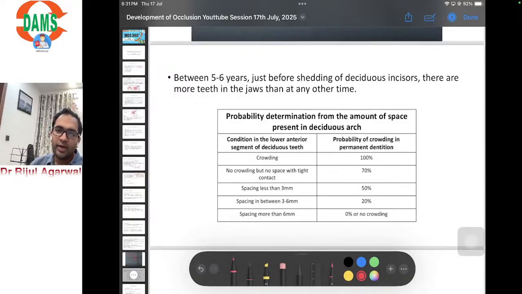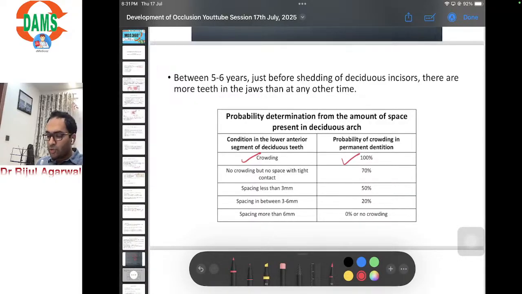Moving ahead, the probability determination. As I told you, the absence of spacing in the primary teeth will lead to a potential need for space, or less space for the eruption of permanent teeth, and crowding. So there is a numerical data chart for this. If the deciduous lower anterior teeth are crowded, there is 100% probability of permanent teeth being crowded.